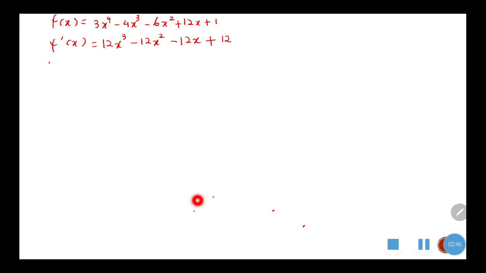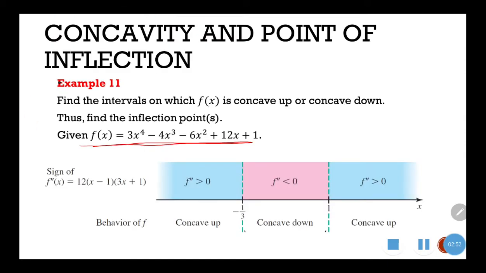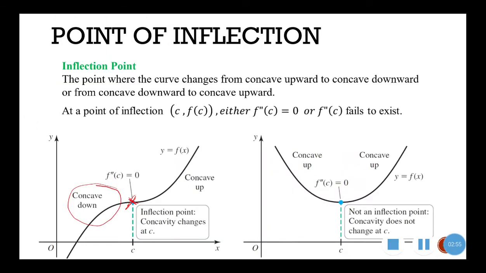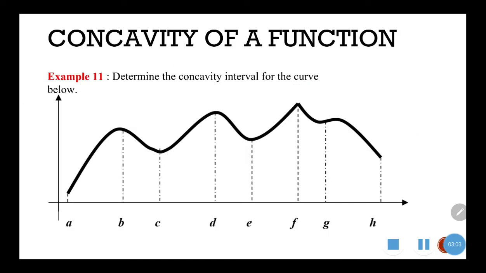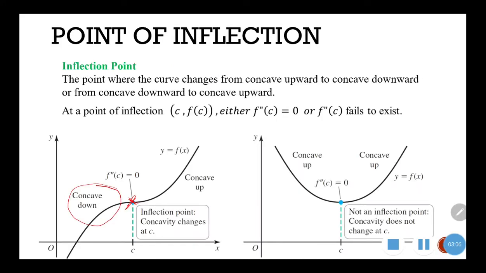And f double prime x is, why do we need to find f double prime? Because we need it to find the inflection point.